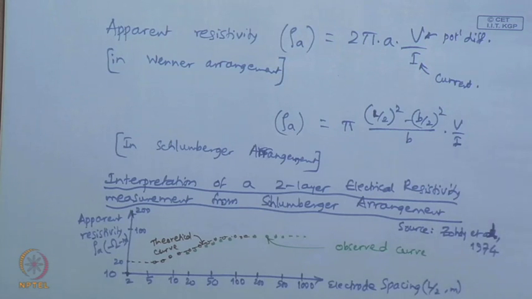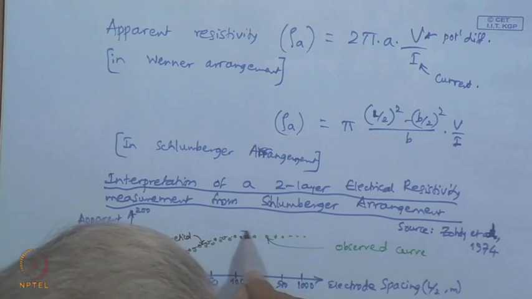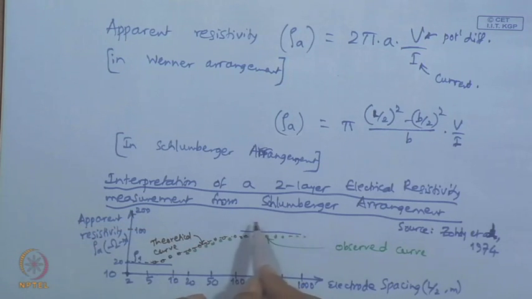And here, this is the asymptote. This indicates a rho 1, and there is a higher level asymptote, which is say this rho 2.